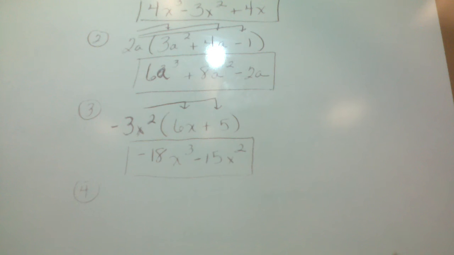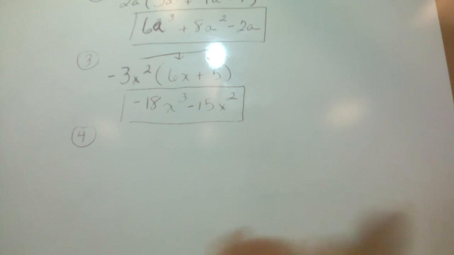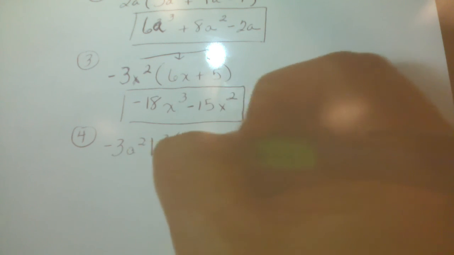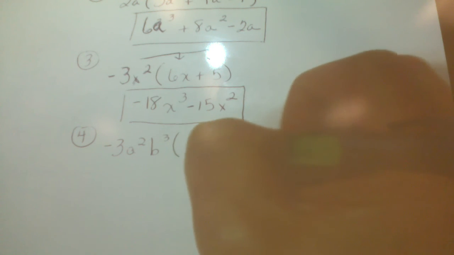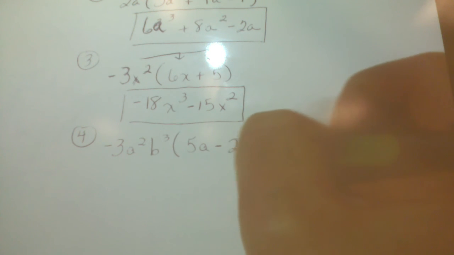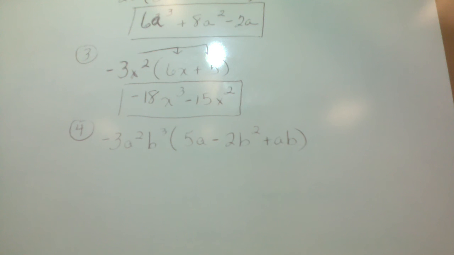All right, we're going to do one more problem. Number 4. I have negative 3a squared b cubed times 5a minus 2b squared plus ab. So this time I've got two variables that I'm distributing.